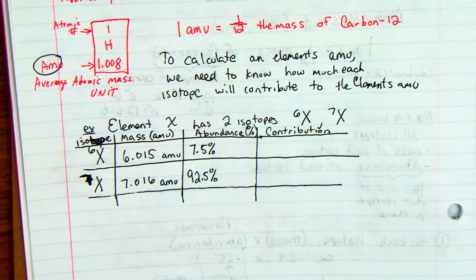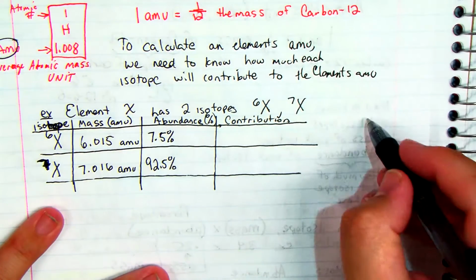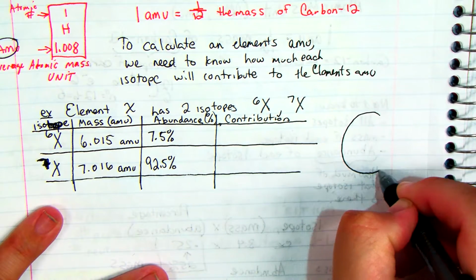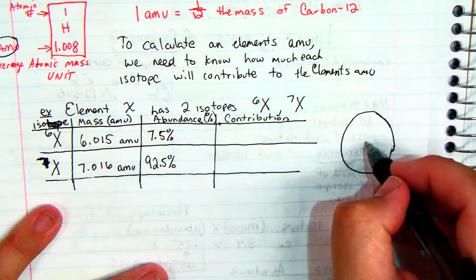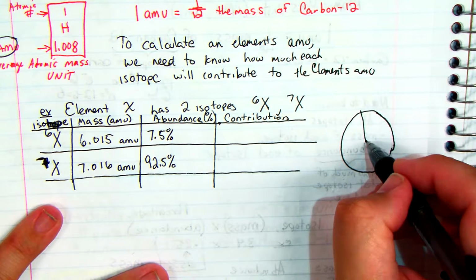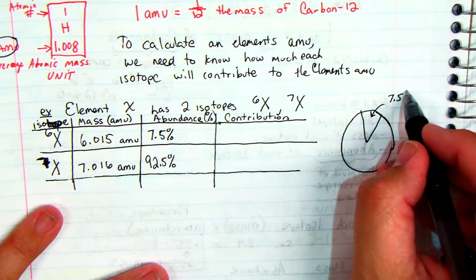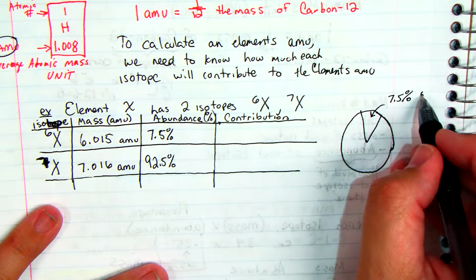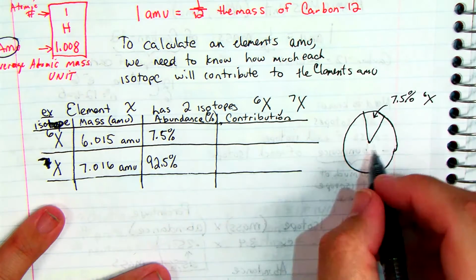So if you want to think of a pie chart, if this is all of element X, this chunk right here is your 7.5%, which represents the isotope X6. This part right here is 92.5%.